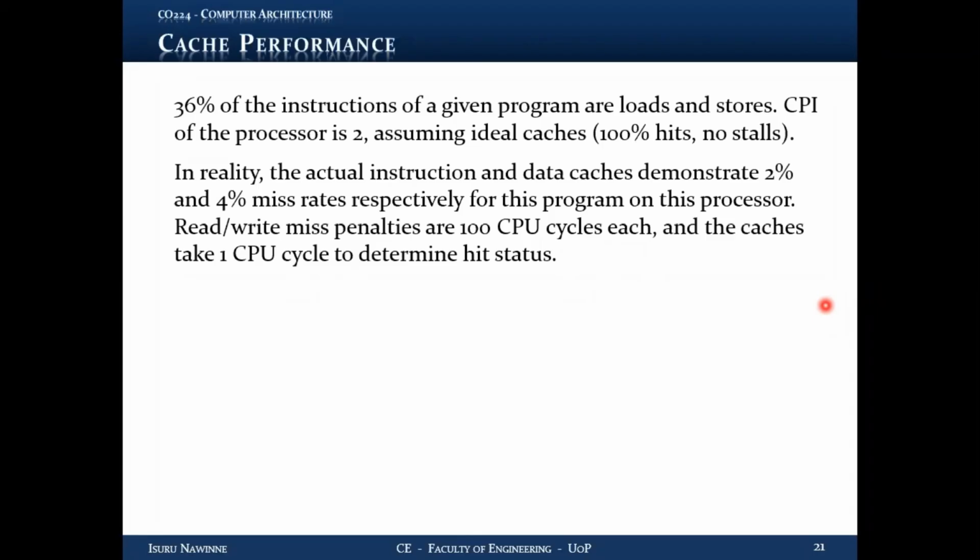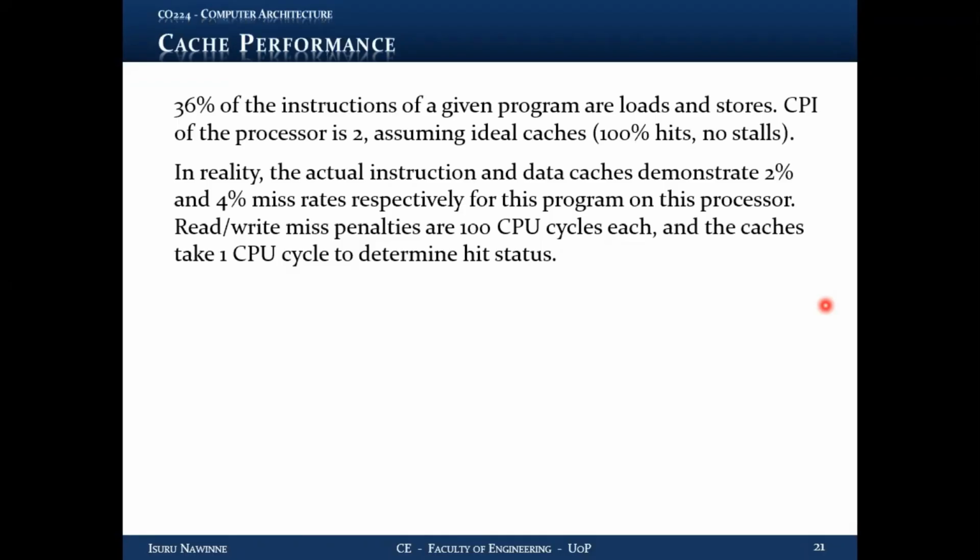Okay, assuming ideal caches. In reality, we don't have ideal caches. Some accesses are going to be misses. In reality, the actual instruction and data caches have 2% and 4% miss rates respectively. Instruction cache miss rate for this program on this CPU is 2%, and we have a data cache which has a miss rate of 4% for this program on this CPU, right?